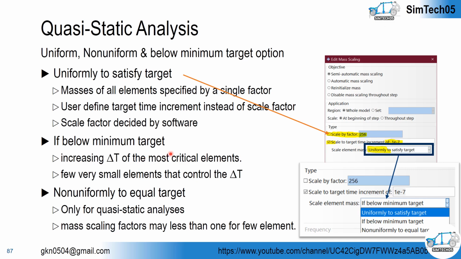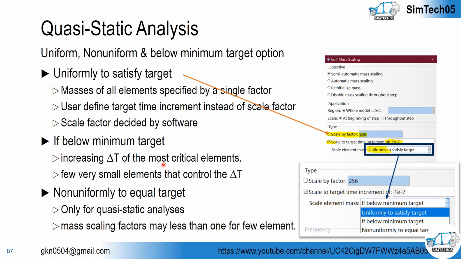And this mass scaling can be utilized for dynamic analysis also, but wherever we have the minimum element size, there we will get artificial mass. In such regions, we should not focus our result. If our result is focused on a particular area where we have the least element size, then we cannot do anything. We cannot utilize this mass scaling for pure dynamic analysis.